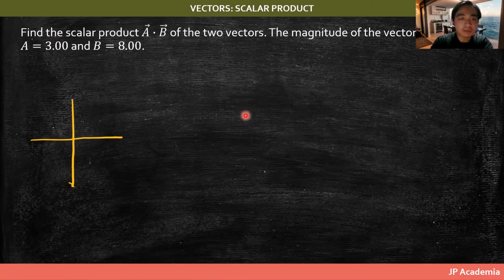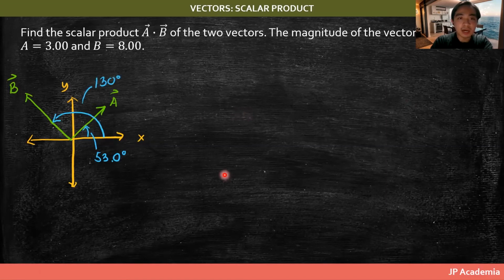Ngayon, let's say ito yung dalawang vectors na yan. So, vector A and vector B, yung green na yan. Then, we have here, pinakita rito, na relative to your positive x-axis, we have 53 degrees as the angle of vector A. Then, for vector B naman, relative sa positive x-axis, we have positive 130 degrees.